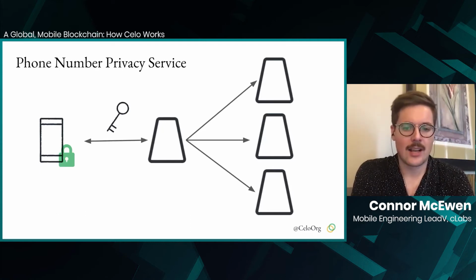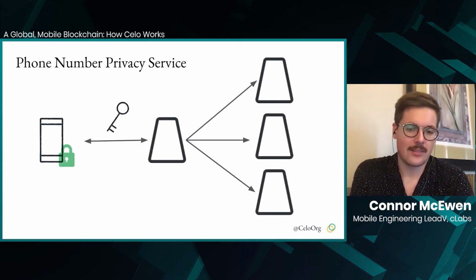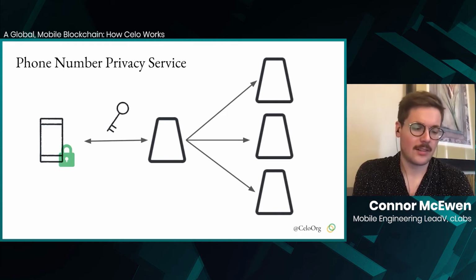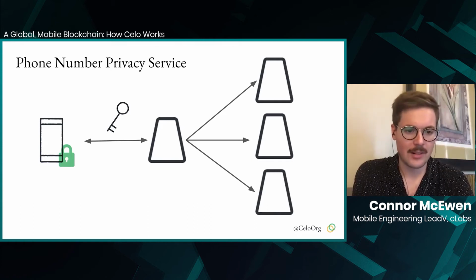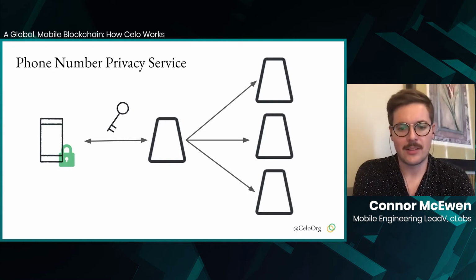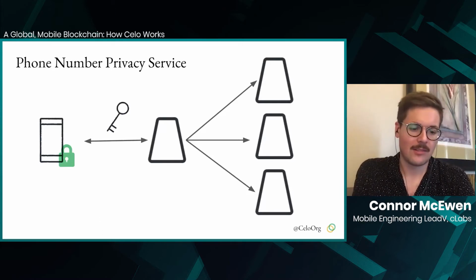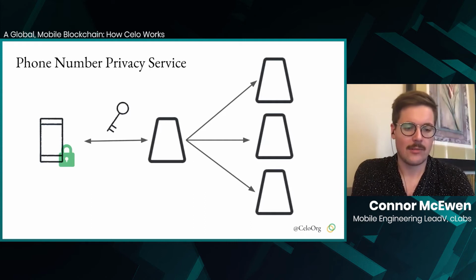Then, using a combination of multiple different service providers, none of whom have enough power to discover the salt for any individual phone number, the wallet user is able to request the salt for their corresponding phone number, use the signature aggregation of multiple different phone number privacy service providers, and then get back a salt which they can use in their mapping.